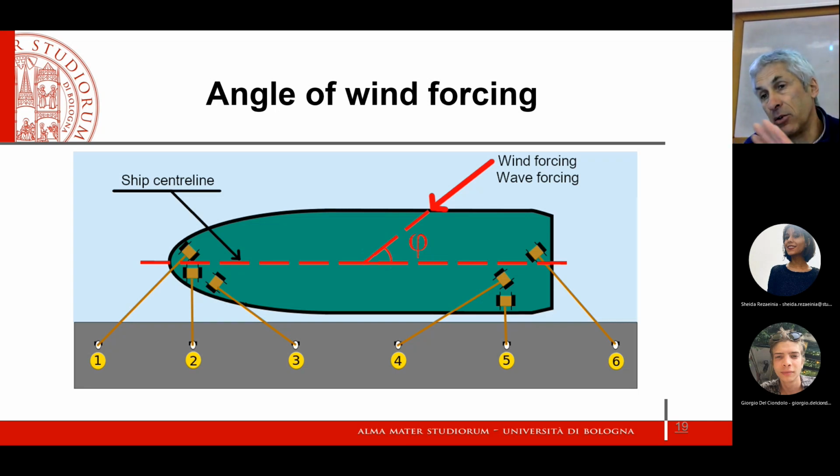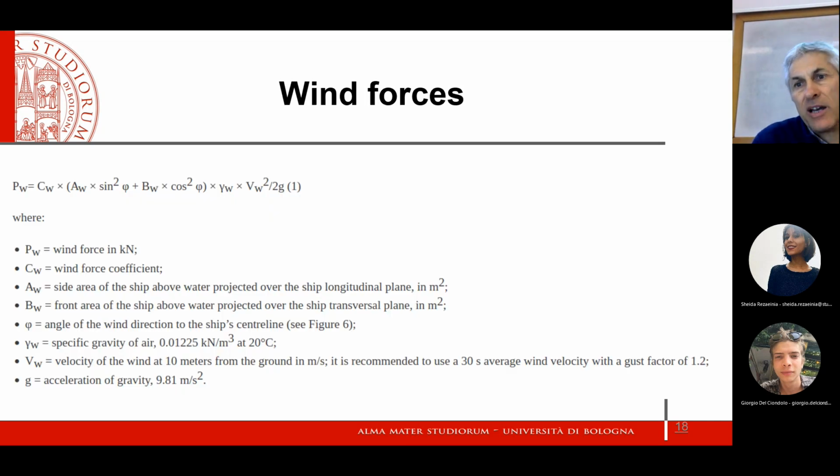Okay, and then I'll come back to this figure, because you see that there are also the spring lines, which are numbered. I will show you the figure later in order to learn the names of these spring lines. The spring lines are the ropes connecting the ship to the bollards, to the berth. Let's go back.